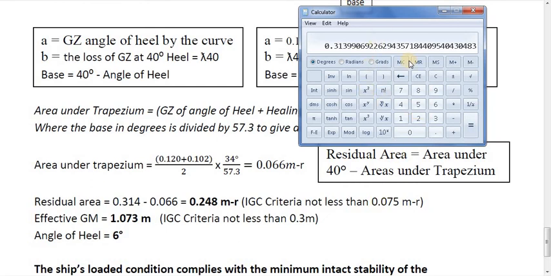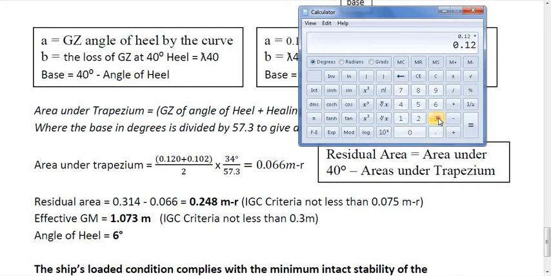So we have 0.120, the GZ at the 6 degrees angle of heel, plus the loss of GZ at 40 degrees, 0.102, divided by 2, multiplied by 34 degrees, the base from 6 to 40 degrees.